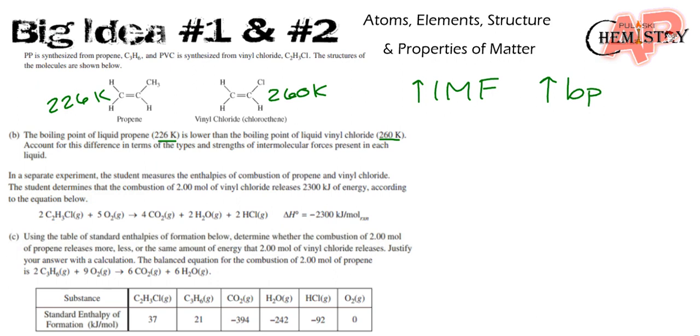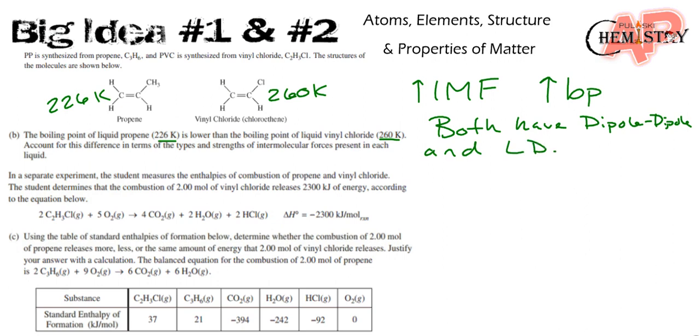So all you truly have to say, this is my suggestion: you list what they have, and then you say which one is stronger or weaker, okay? And this should make sense that they probably both have dipoles and Londons. I mean, they're not symmetrical. That's not even. So what I would say, in this case, both have dipole, and then they're always London, but it's not a bad thing to say.